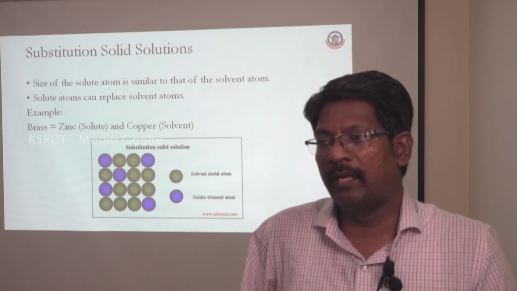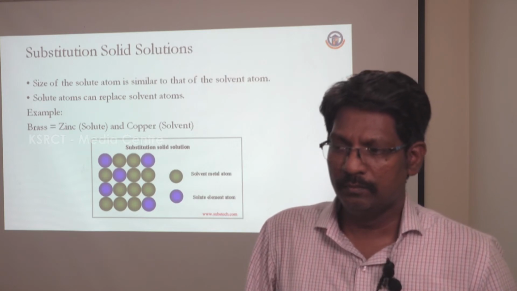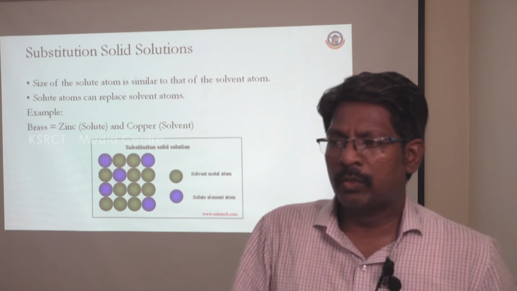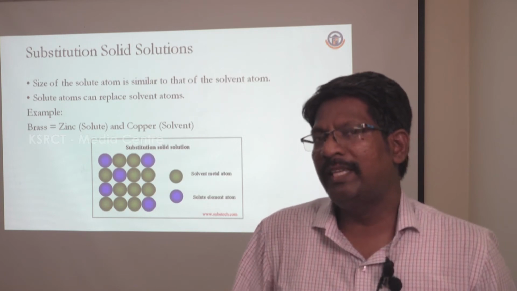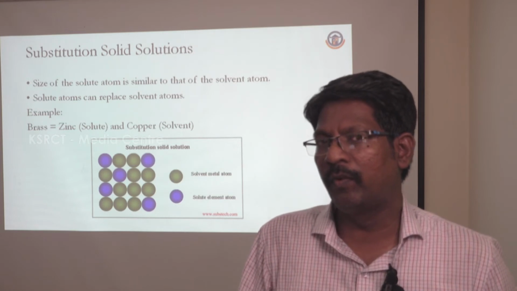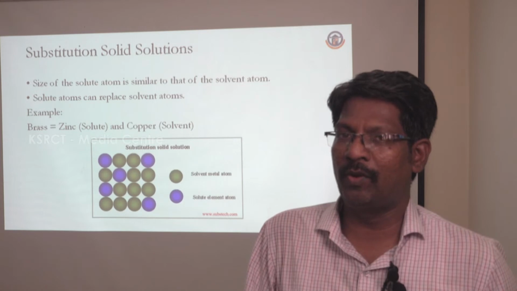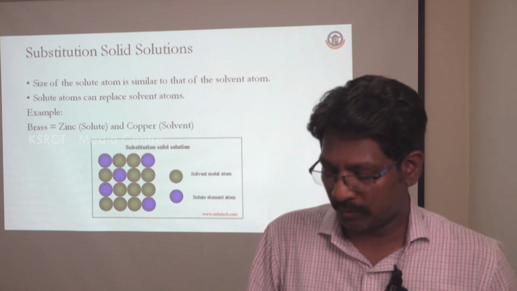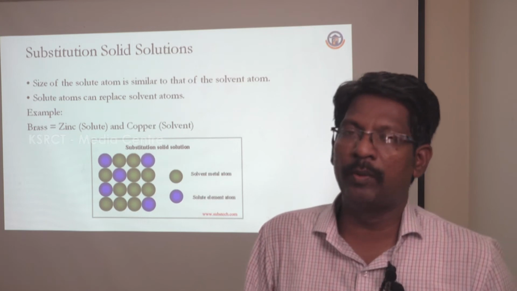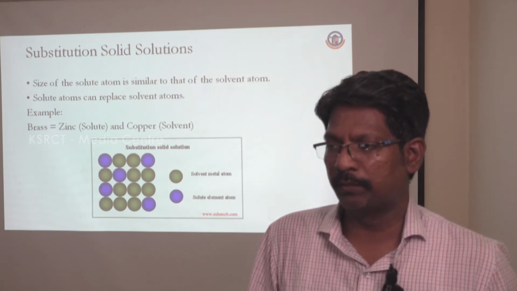Hence the size of the atom needs to be similar to that of the solvent atom, and then the solute atoms will replace the solvent atoms. This condition needs to be satisfied to form the substitutional solid solution. The best example is brass, where zinc and copper combine together to form the substitutional solid solution.